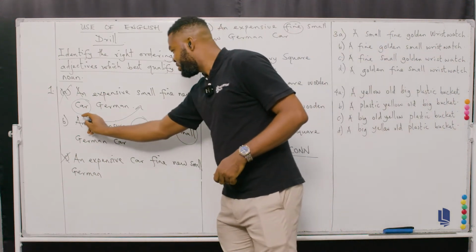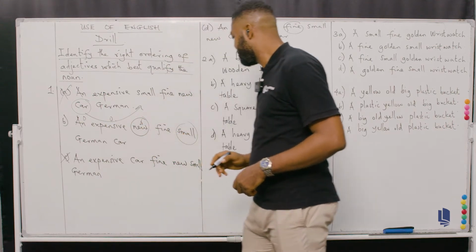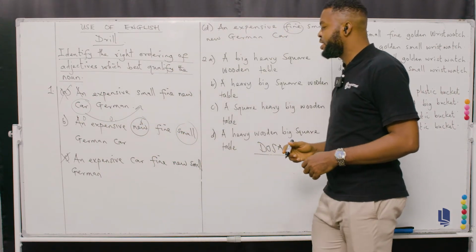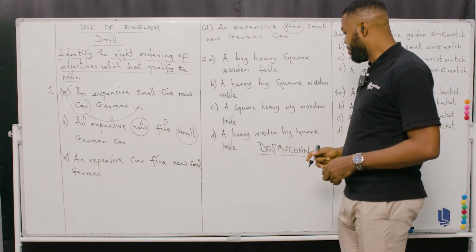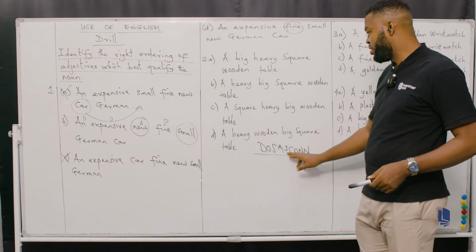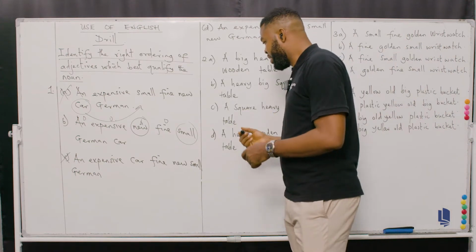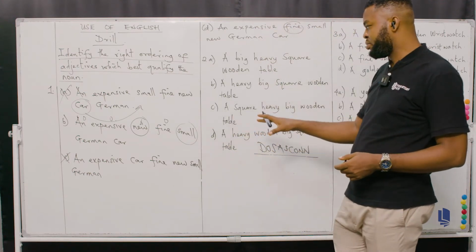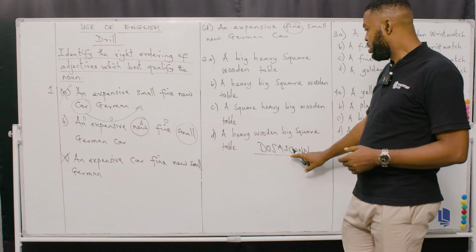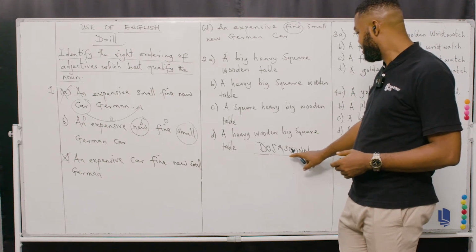So here we have determiner, order of adjective. This is age. So fine can also fall into order of adjective as well. But remember, the next one again is what? Shape. Shape here is what? Rectangular. Can you see that now? So shape is not present here. Color is also not present.